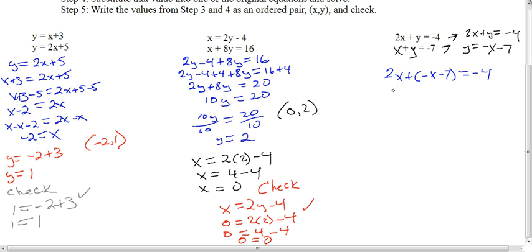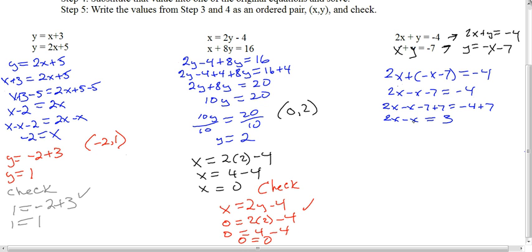Okay, so that's going to give me 2x minus x minus 7 is equal to negative 4. We want to add 7 to both sides. That gives me 2x minus x minus 7 plus 7 is equal to negative 4 plus 7. That's going to give me 2x minus x, the 7s cancel out, is equal to 3.